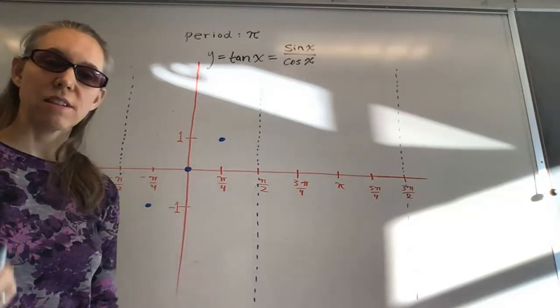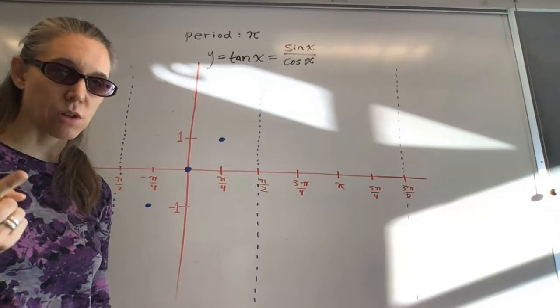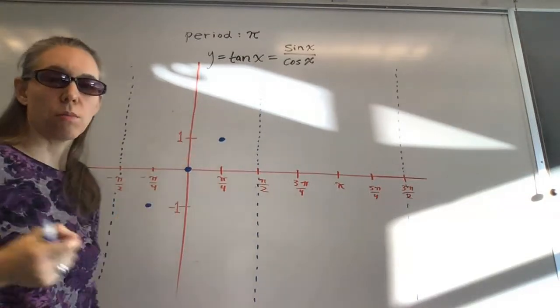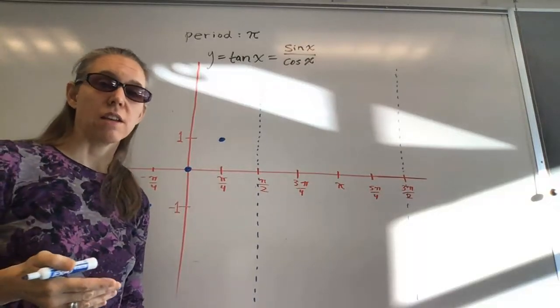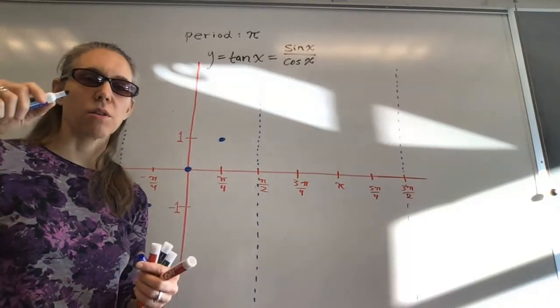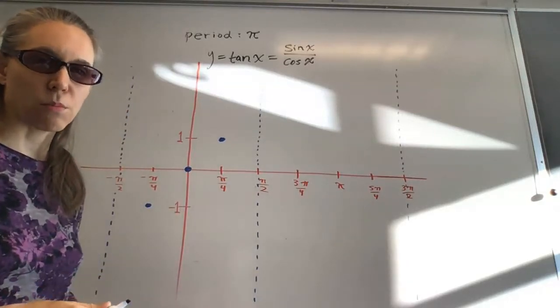When you are graphing tangent, what I'm going to be looking for is that you put the asymptotes in the correct place, that you put 3 central points in the correct place, and then that the shape of the graph is generally correct. So I realize that we don't graph as perfectly as a graphing calculator, but your general shape should be correct.